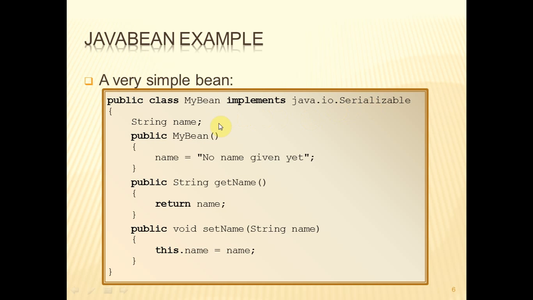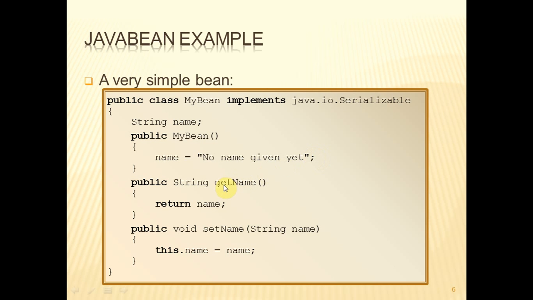In this very simple example, we've got just one property called name of type string. It could be private or some other kind of visibility set to it. Here's the default constructor. Now a constructor method has as its job to initialize the variables that are within that object. So here we're just setting up name to be something fairly arbitrary.